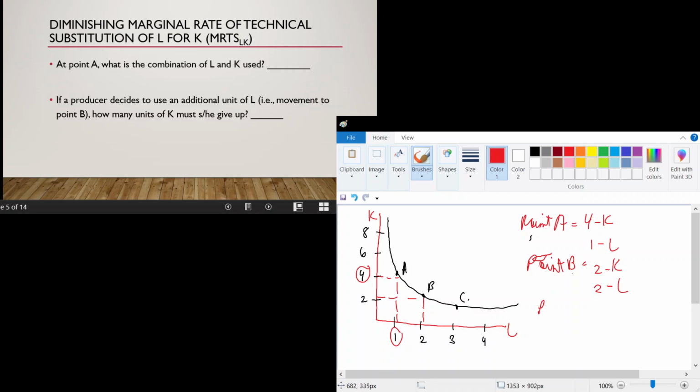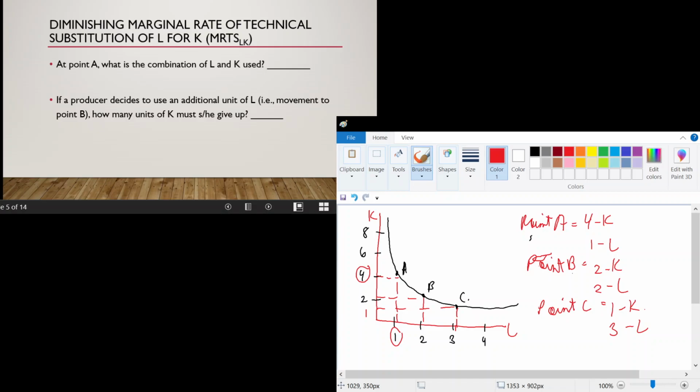And point C, since nahirapan ako sa pag-straight line, 1 na K and then 3 na L. Okay, so we have different combinations of L and K from point A to point C, but it yields the same level of output.